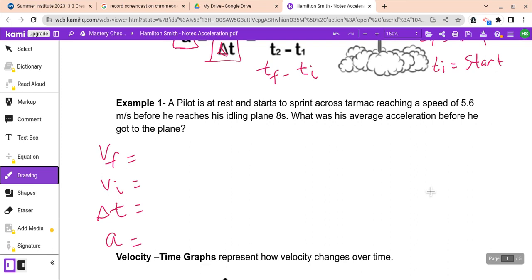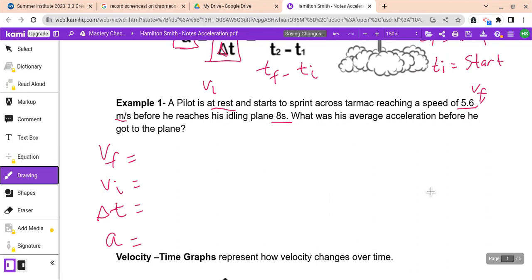For example, at the very beginning of this, it says a pilot is at rest and starts to sprint across the tarmac, reaching a speed of 5.6 meters per second before he reaches his idling plane 8 seconds later. The velocity at rest is the start, so there's velocity initial, and then the velocity final is here at the end.